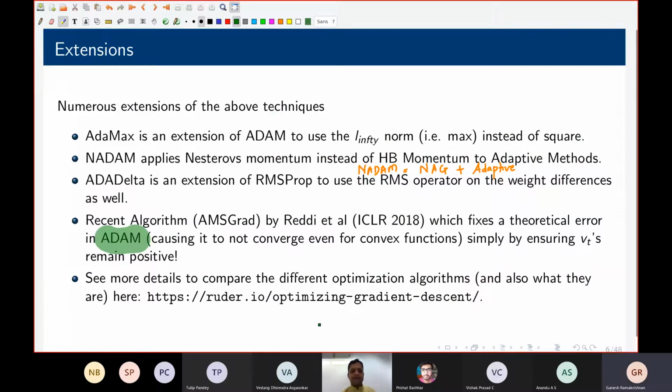Otherwise, I've shown you running through this blog as well. Let's move on. Yeah, so the initialization to 0 is more of a recent thing. In the original version of Adam, there were issues with initialization and therefore tending to become negative.